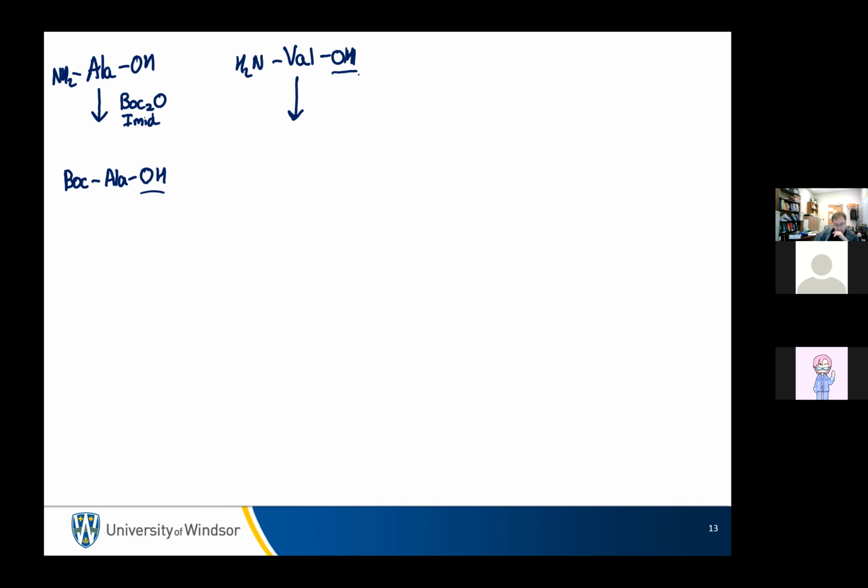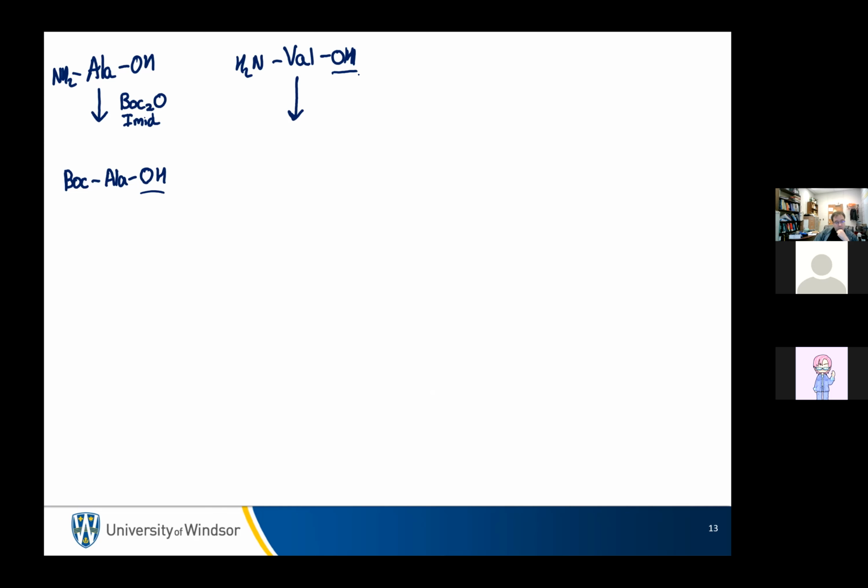If we just pick from the three that we discussed, we had the methyl ester, the tert-butyl ester, or the benzyl ester. Which one do you want to use: methyl, benzyl, or tert-butyl?